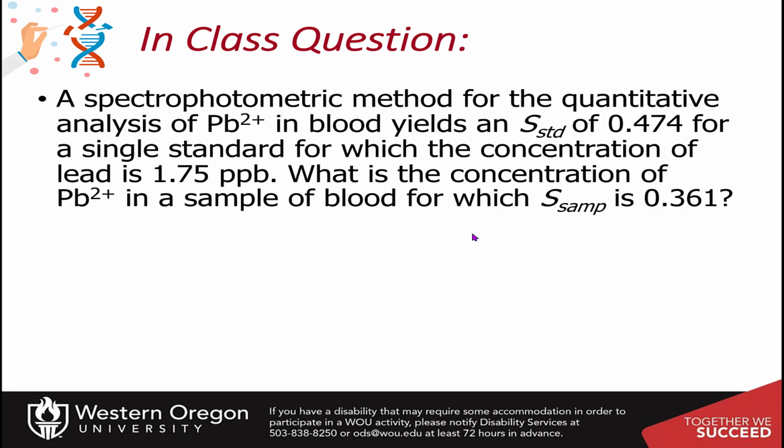So what is the concentration then of lead in the sample of blood for which the reading is 0.361? All right, so you first need to use these first two values to calculate your K value, and then you need to rearrange the equation so that you can solve for the concentration of lead. All right, and we will find out the answer when you come to class.